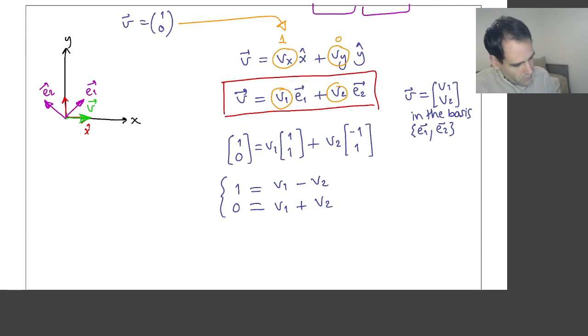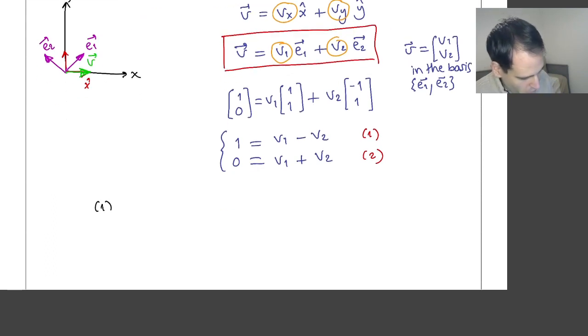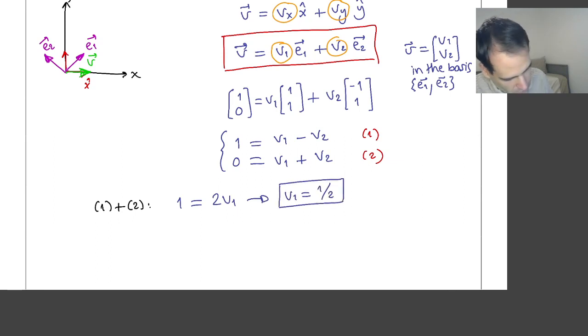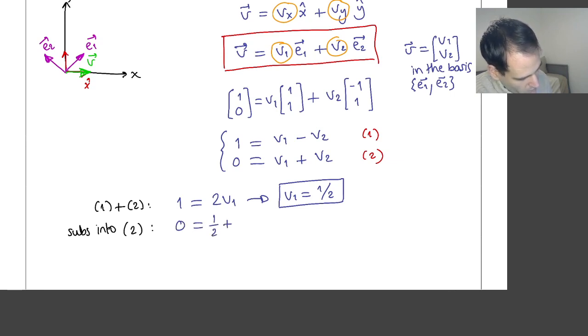If we call these equation 1 and equation 2, now we can very easily solve them. For example, if we do equation 1 plus equation 2, we get that 1 equals 2v1, and therefore v1 equals 1/2. And if we substitute this into equation 2, we have that 0 equals v1, which is 1/2, plus v2.